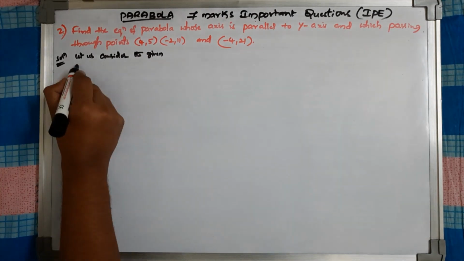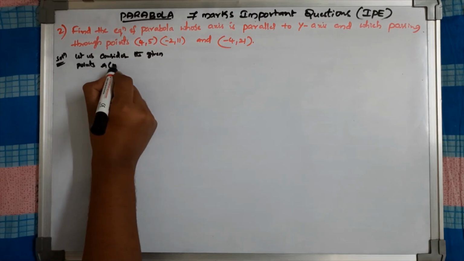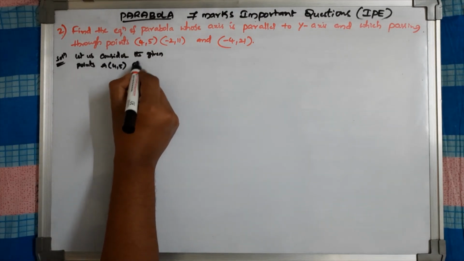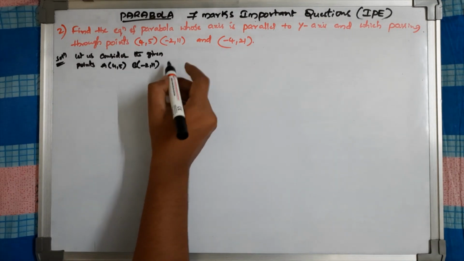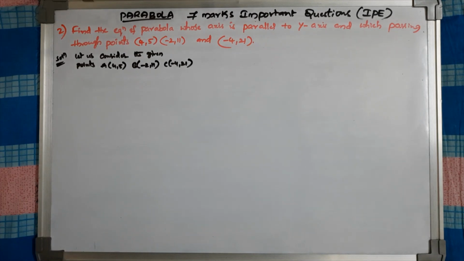Given points are A (4, 5), B (-2, 11) and C (-4, 21), right?